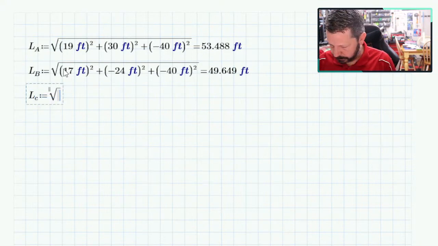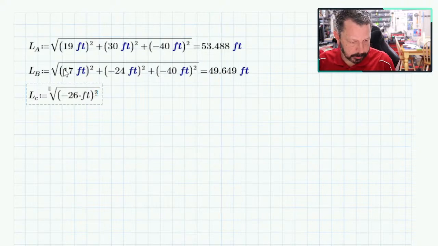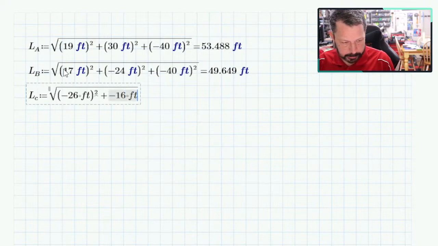And it was a negative 26 feet squared plus a negative 16 feet squared plus a negative 40 squared.